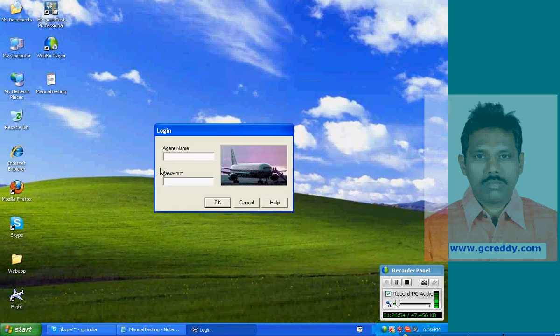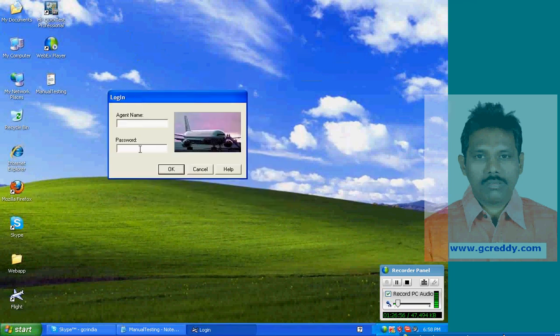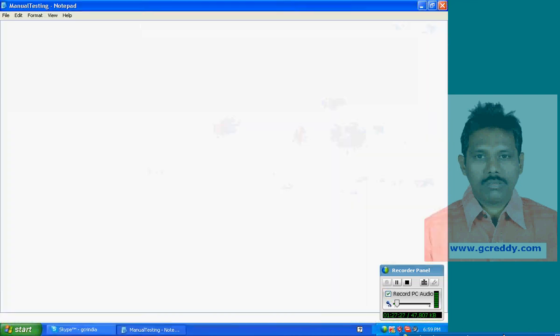Suppose in a small dialog box, first you enter agent name, password, then the OK button, cancel button, help button. Suppose instead it first shows the cancel button, then agent name, then OK button, then password, then help button. The end user may get confused, Rekha. Proper alignment of objects is very important from the end user's point of view.